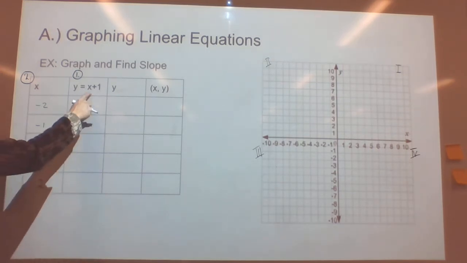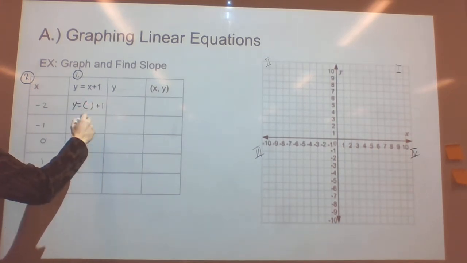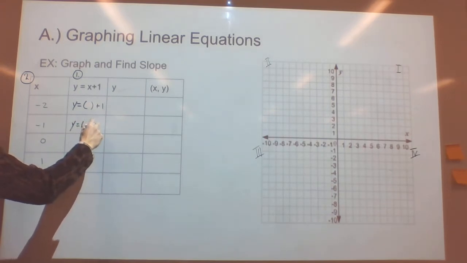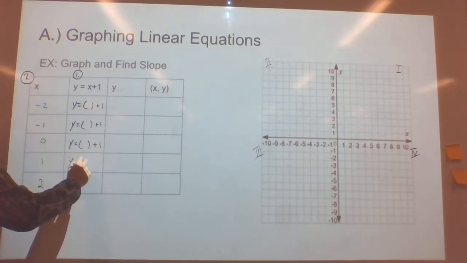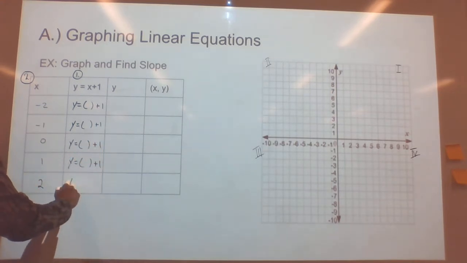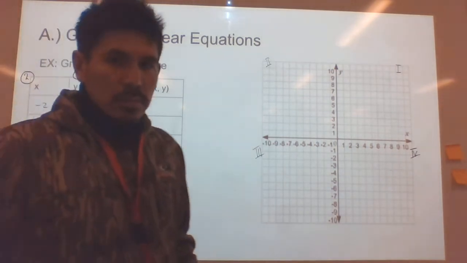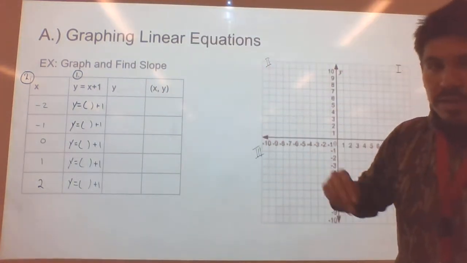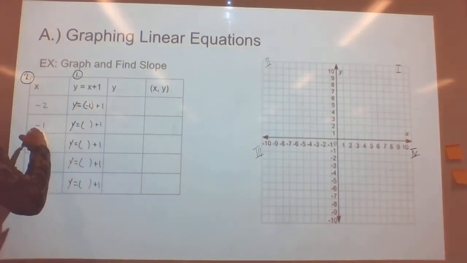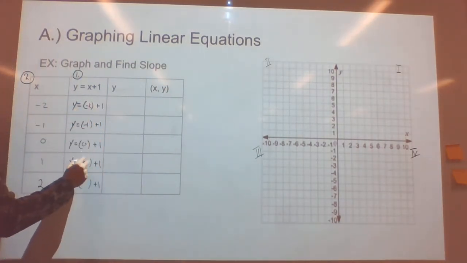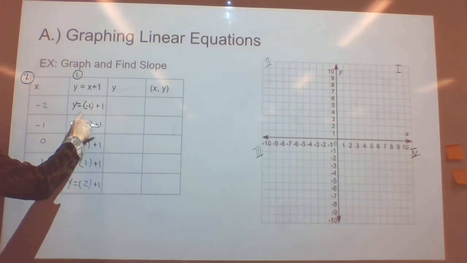All we do is plug our x values into the equation, for every single part, and then we solve. We put a -2 here, -1 here, a 0 here, a 1 here, and a 2 here. Whatever we get is going to be our y value.